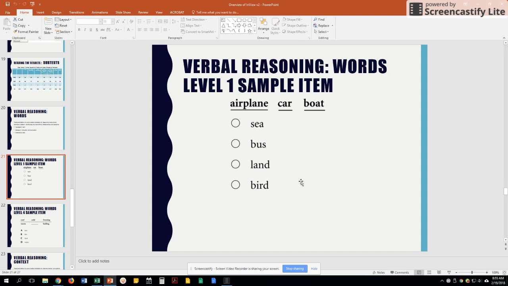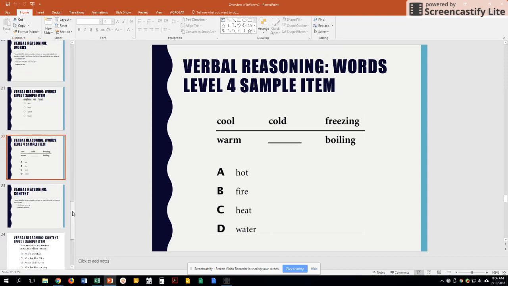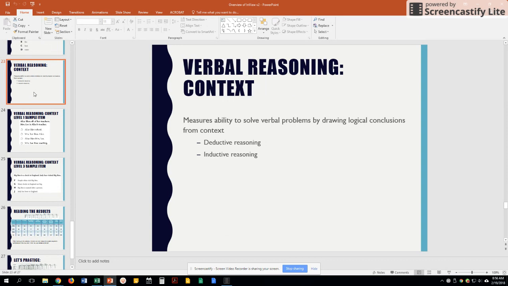Well, looking at your examples, bus is the only one that's going to fit because it's a means of transportation. At a higher level, when you go cool, cold, freezing, then you would go warm, hot, boiling. That's a thinking process, not reading and comprehension.